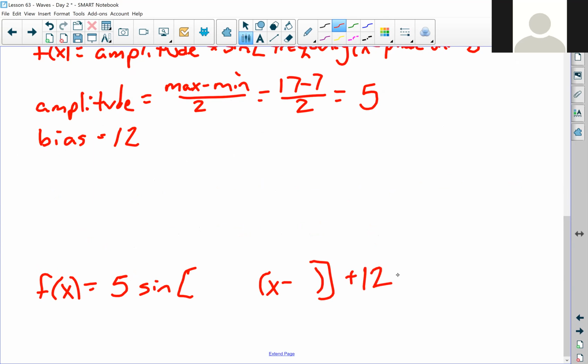All right, so the phase shift is going to be where we hit the value for our bias, and really for the first time.